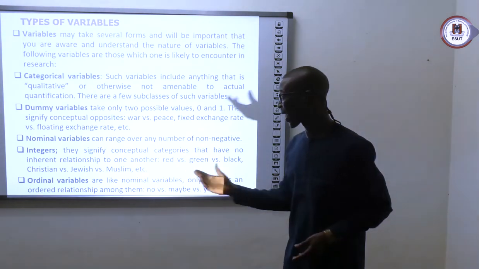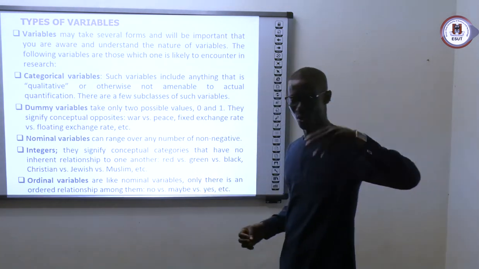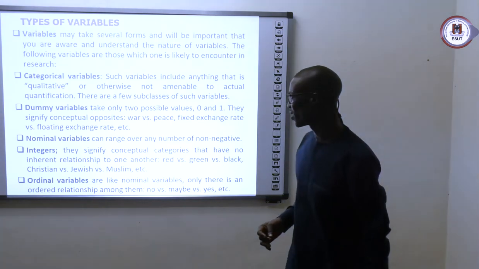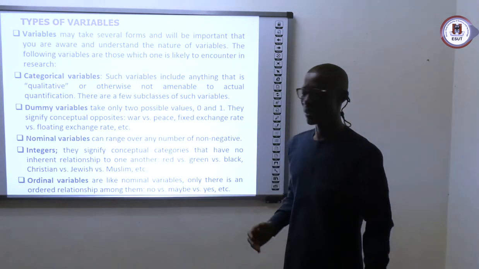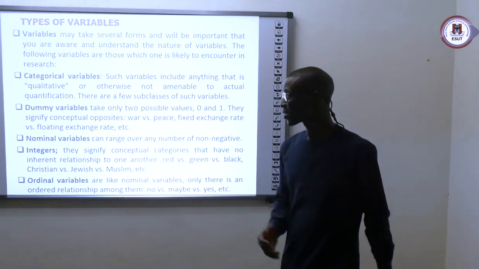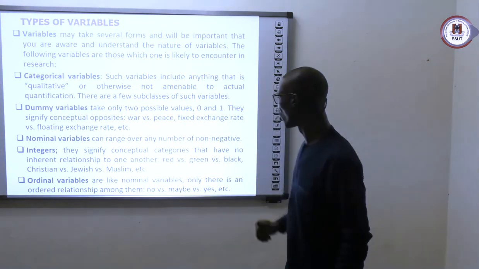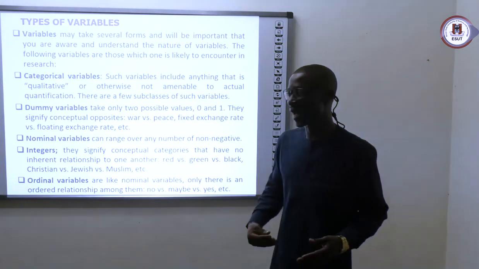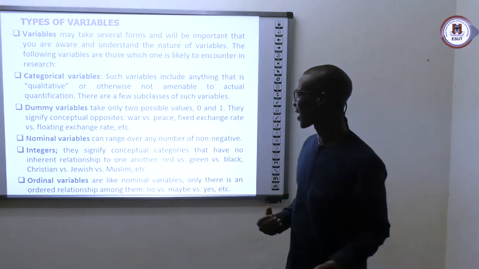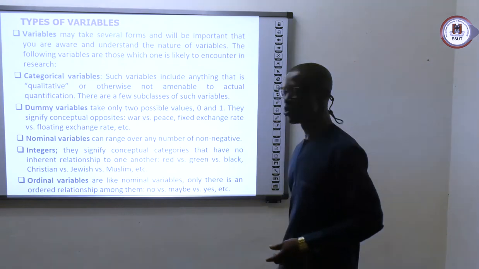Normally in statistical analysis, we use 0 to represent female and 1 to represent male. In this case, you are no longer talking of a categorical variable, but a dummy variable. A dummy variable is when you have represented the categorical variable using a numerical figure.